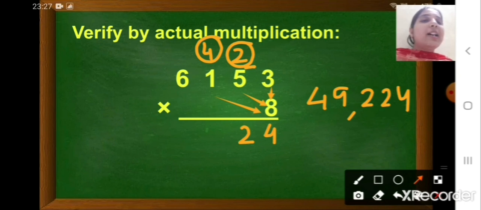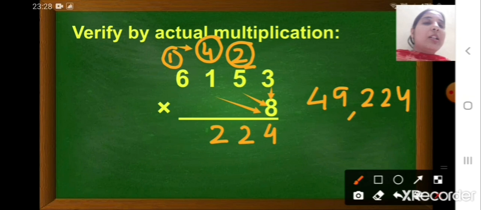So 1 8s are 8 plus this carried over digit, 8 plus 4, 12. So 2 we will write here and 1 will be carried over to the thousands place. Now we'll multiply the digit at the thousands place by 8. So 6 8s are 48 plus this carried over digit, 48 plus 1, 49.